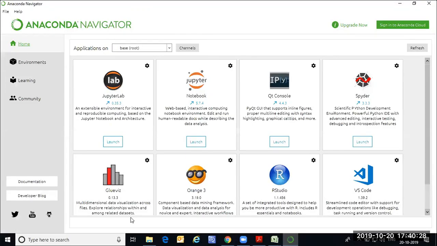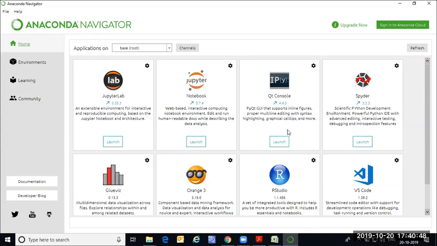This is how it looks the moment you load it. All this what you're seeing on the home screen are nothing but various IDEs that Anaconda supports to work along with Python.